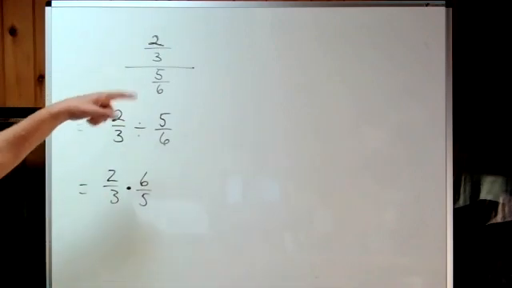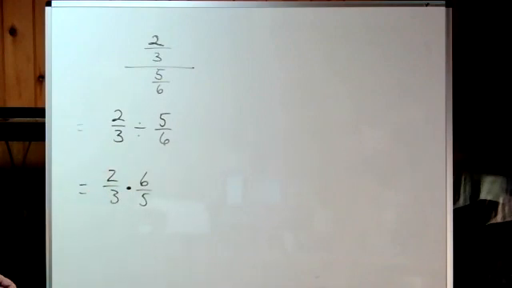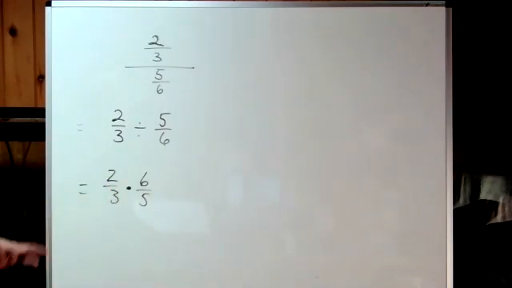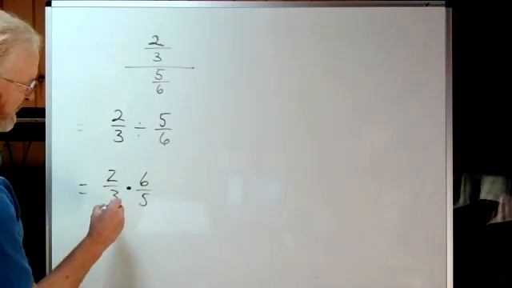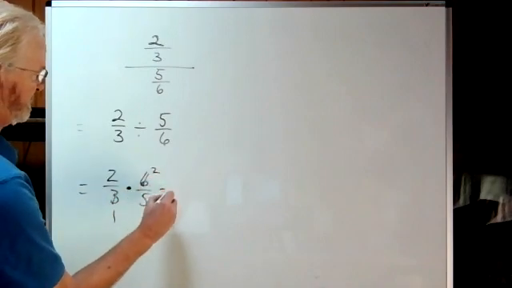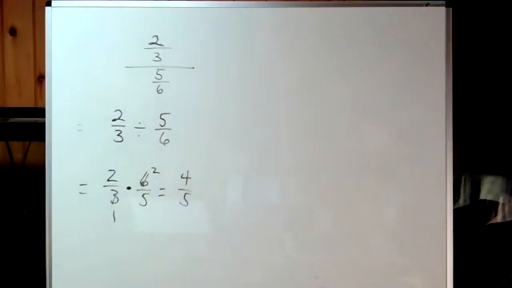I'm going to come back and explain it from a different view in a second. Now I'm multiplying. You might save yourself a little time if you recognize, oh, I can divide these both by 3. So this gets me to 4/5 as my final answer.